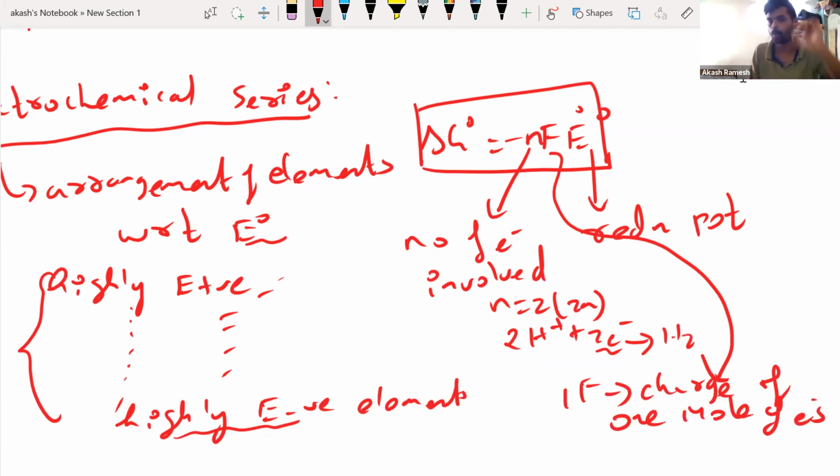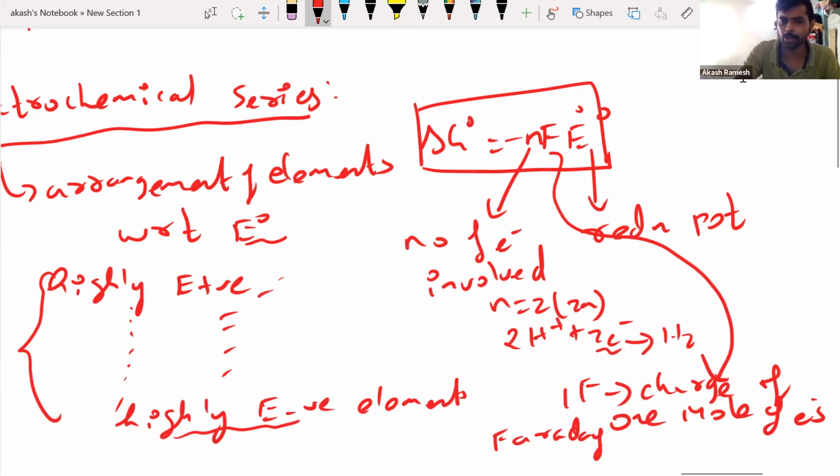Very simple. 1 Faraday, F is Faraday. It's a constant value, like the Boltzmann constant or the universal gas constant. 1F is nothing but the charge of 1 mole of electrons.